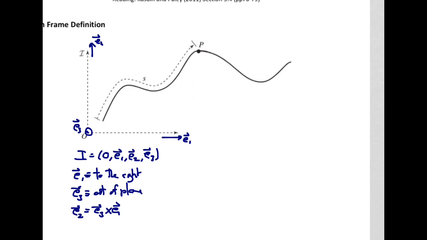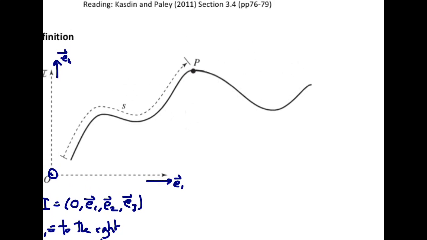Now for our path frame, we need to base this upon something that's on the path. We've said before that our velocity is always going to be tangent to the path. So this would be the velocity vector of point P in the inertial reference frame. And so we're going to put a unit vector in that direction that's going to define one of our axes.